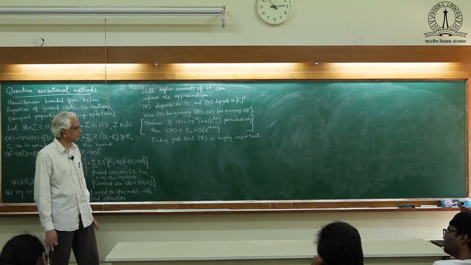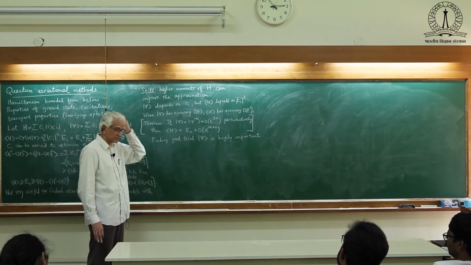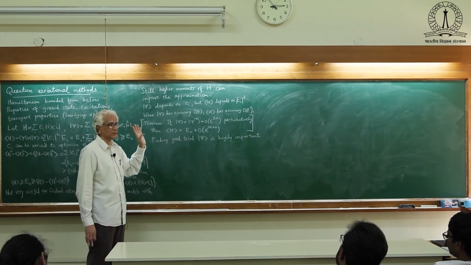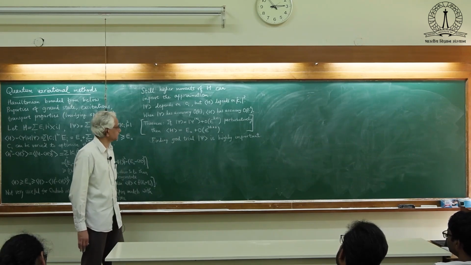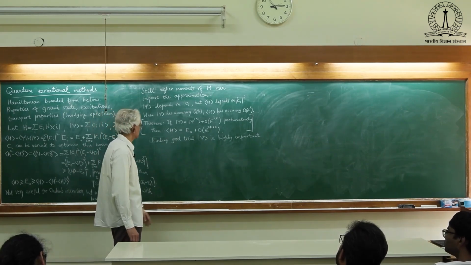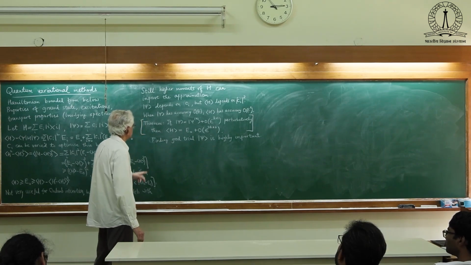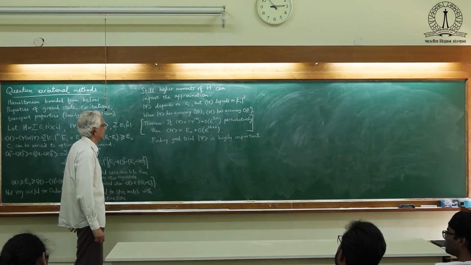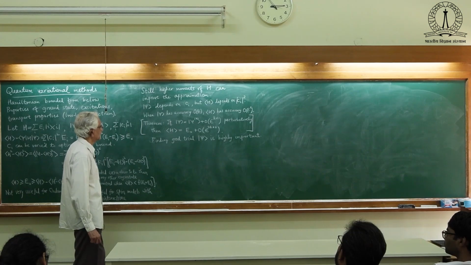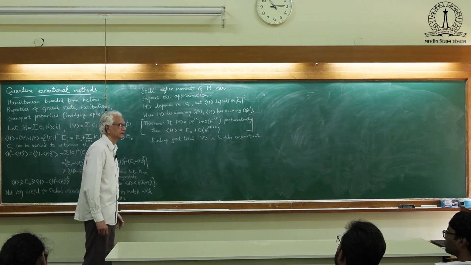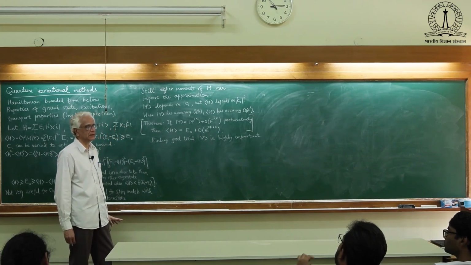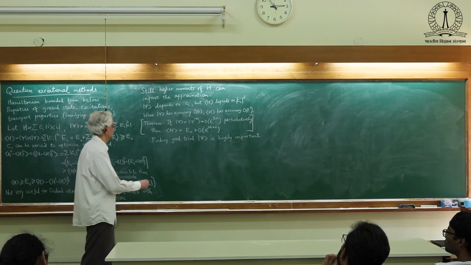If you are able to build that inside the wave function, you will be able to do a good job. And I will give an explicit example, but something else I can add at this particular point is that one can take advantage of various symmetries which exist in the problem.